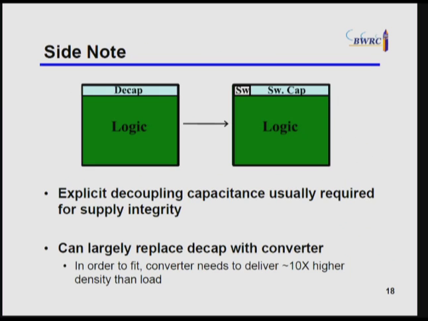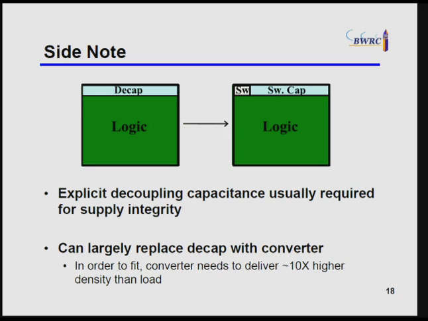Okay? Now, there is one important side note that I like to make here, which is somewhat unique to these switched capacitor converters, which is that, as we heard quite a bit earlier on, you very typically need explicit decoupling capacitance on your chip just to make sure that your supply has sufficiently low voltage ripple on it. Okay? Now, what's very nice about these switched capacitor topologies is that, for all intents and purposes, I'm really just using the same capacitors as would have existed in any case for those decoupling capacitors.